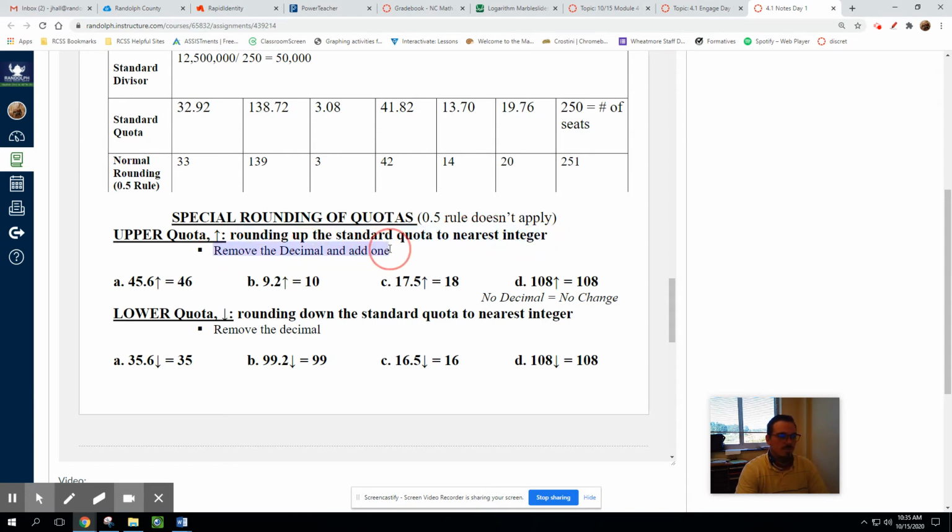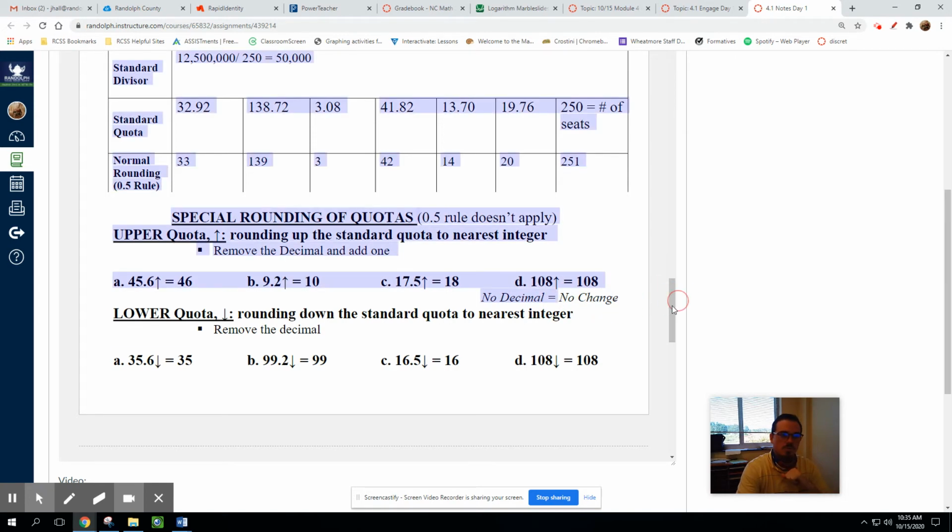We remove the decimal and add 1, regardless of what the decimal is. So here, we're going to take away the 0.6 and round up. That makes sense, right? Because the 0.5 rule tells us to round up. But according to the upper quota rule, we also do this when it's less than 0.5. So when it's 0.2, we still take it away and round up.